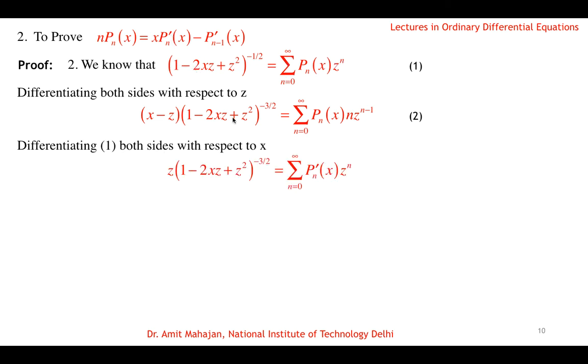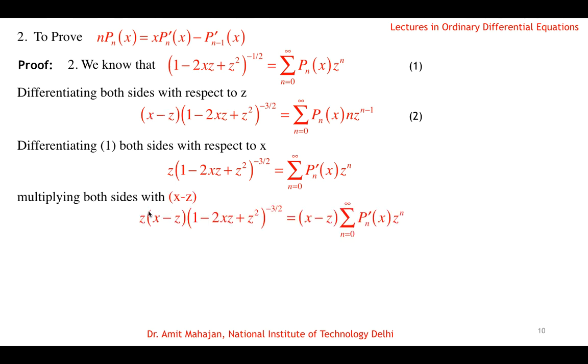If we differentiate this with respect to x, then this will be P_n'(x), and on this side it is minus half this power minus 3 by 2 into the derivative with x of this, which is minus 2z. So minus half into minus 2z will become z. Now we can eliminate this bracket term, and to do that we multiply this equation with x minus z on both sides.